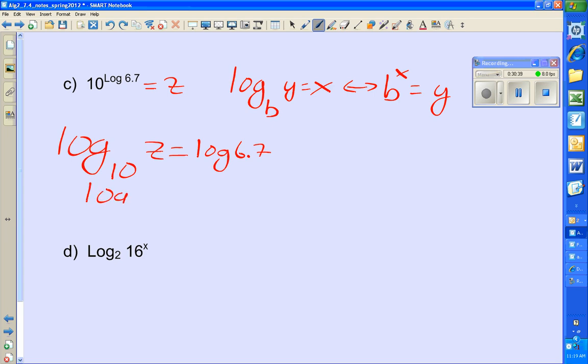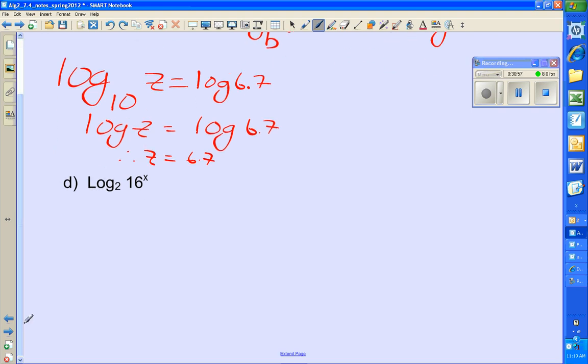So we have the common log of z equals the common log of 6.7. What's the logical conclusion? Z equals 6.7. Z has to equal 6.7. How does 10 to the log of 6.7 simplify? 6.7. We can't cross out. You don't. You're just making a logical conclusion.